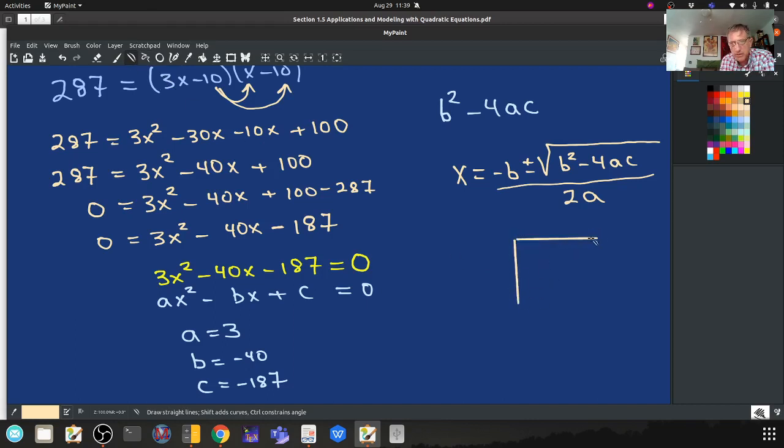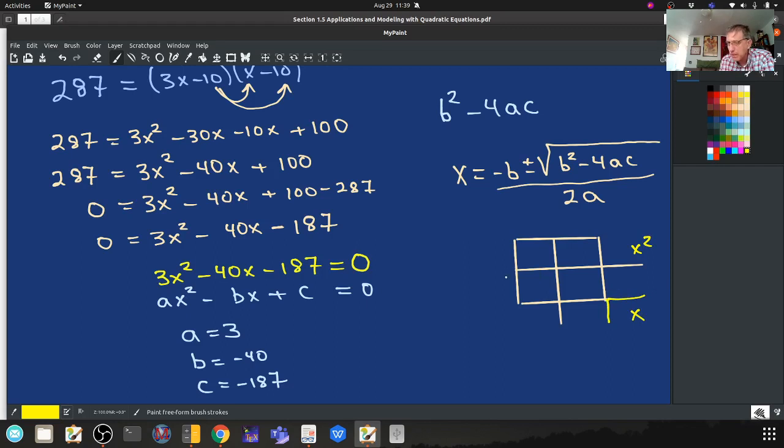So I draw a little tic-tac-toe grid. This is my method. You can use any method you want. And up here are going to be my x squared terms. Down here, my x term, and here is my constant.